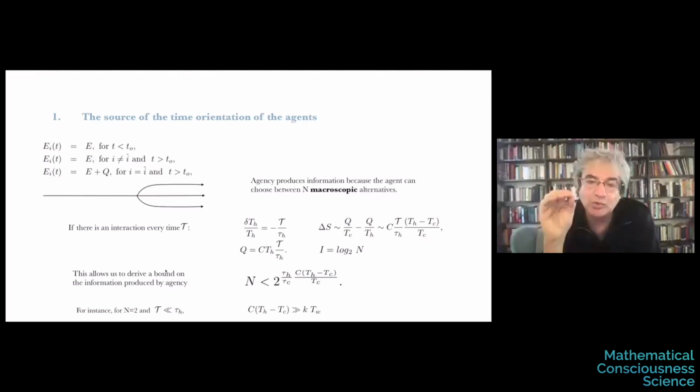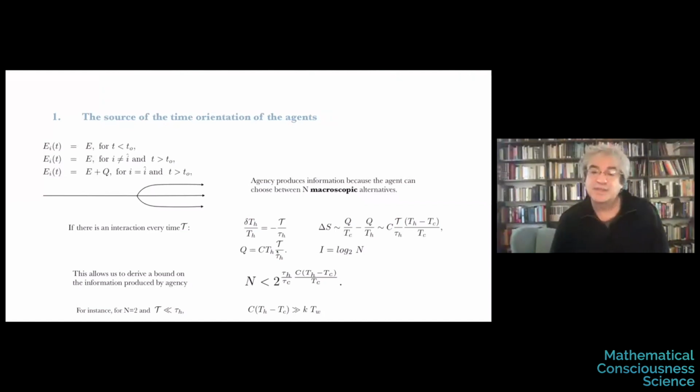Okay. Now let's put a little bit of mathematics here. If we know the thermalization times, and the two different temperatures, and the heat capacity, then we can compute the change in entropy of a single collision, of a single act of choice between which pendulum is being excited. And it's a simple calculation. The change in entropy is given by standard thermodynamics, and the amount of energy exchanged I can compute just from the thermalization time, because it tells me how long it takes for energy to go from the hot to the cold system.